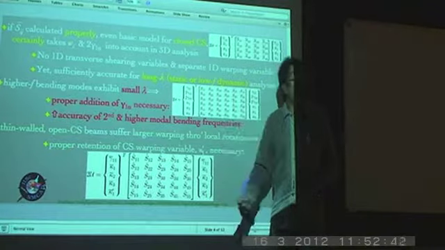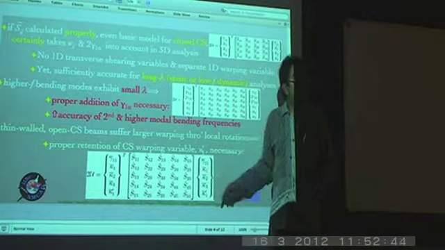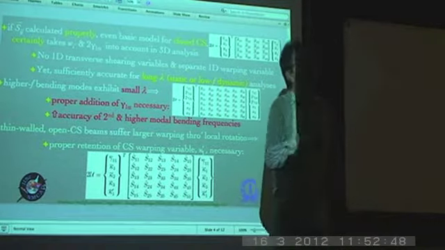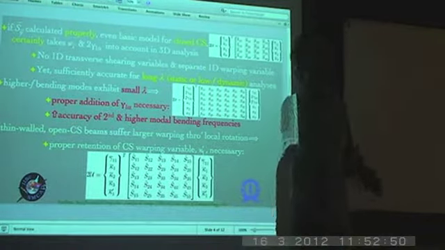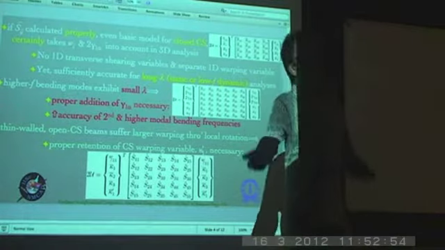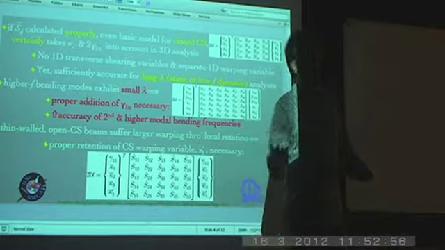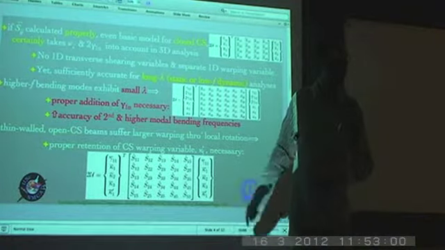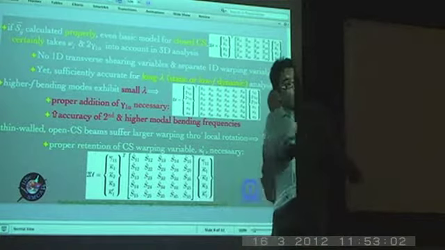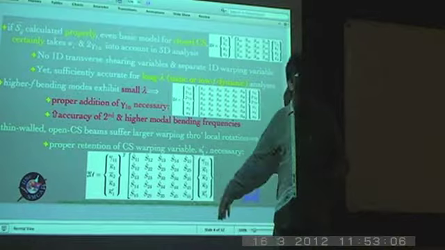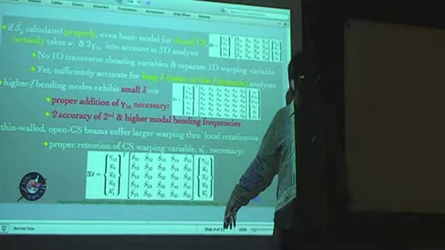If you look at the derivation of this particular model, the reason why this kappa 1 prime comes is because of the derivative of a particular warping measure with respect to x1. Because that warping measure in turn depends upon kappa 1, therefore you have a kappa 1 prime which is coming out of that. So in fact, this is an example of what you're saying. Everything, whatever it is, will come in terms of that.